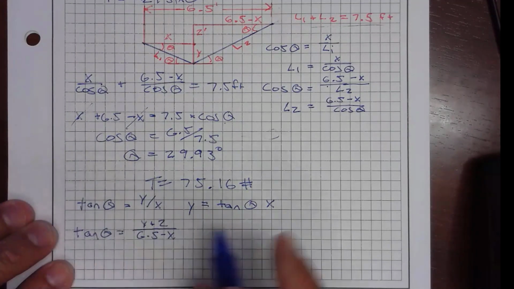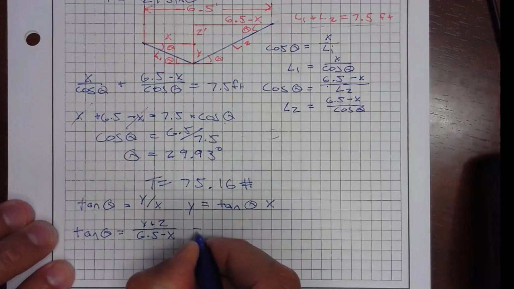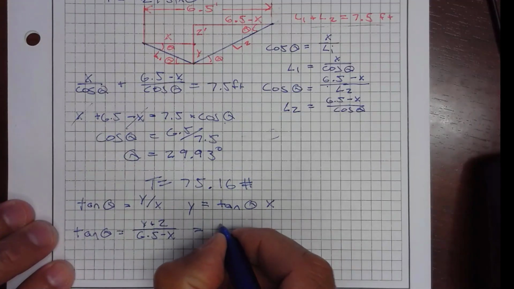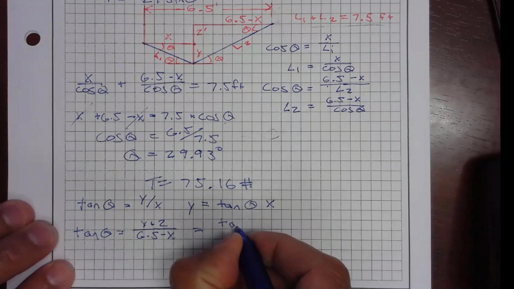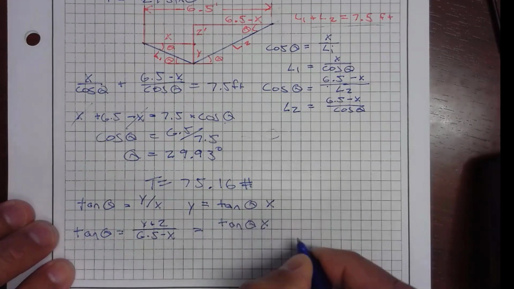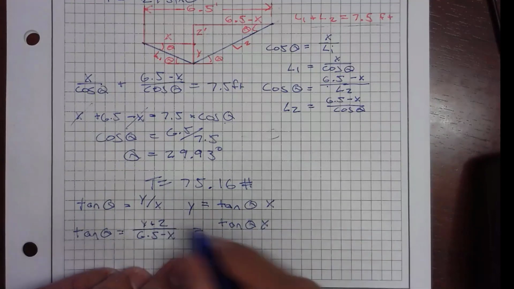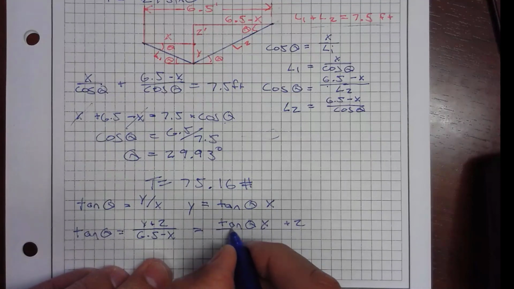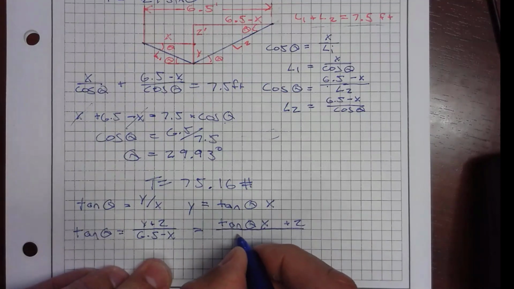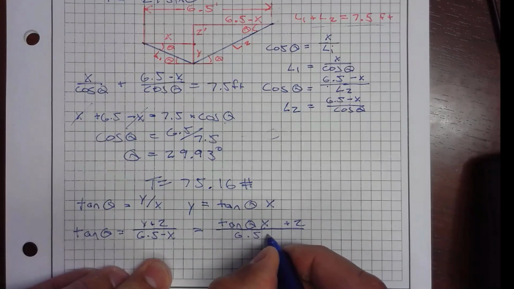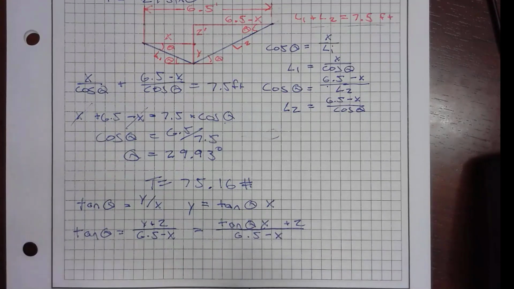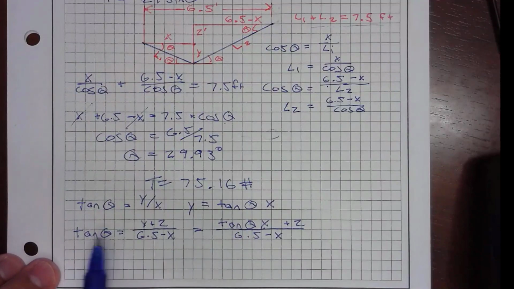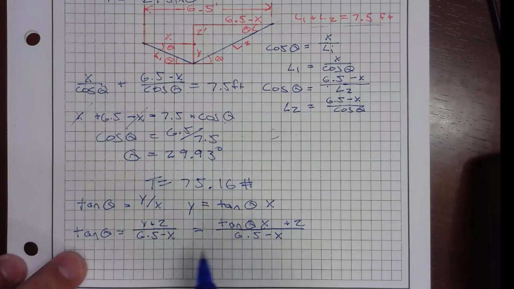We're going to put that in, so that is equal to tangent of theta times x, plus 2, divided by 6.5 minus x. We know what theta is, so we can solve this now and get that.